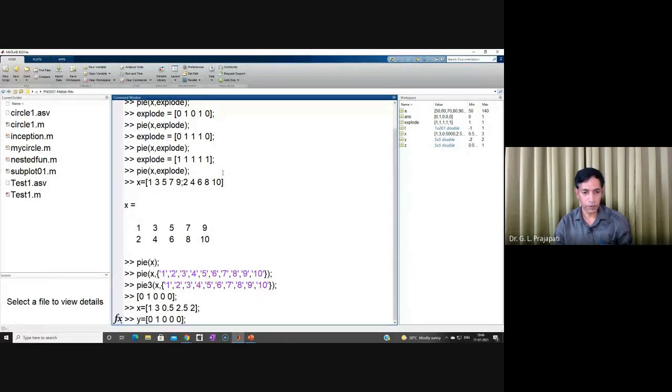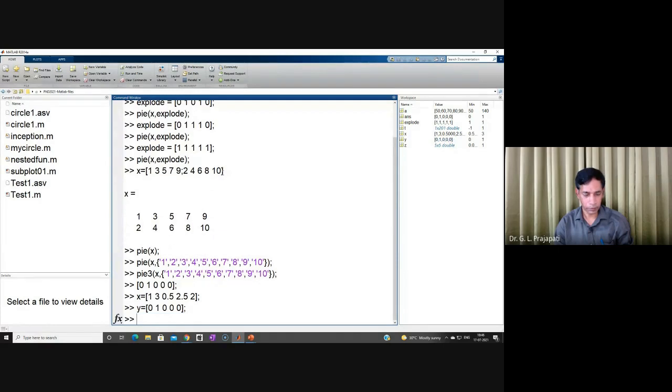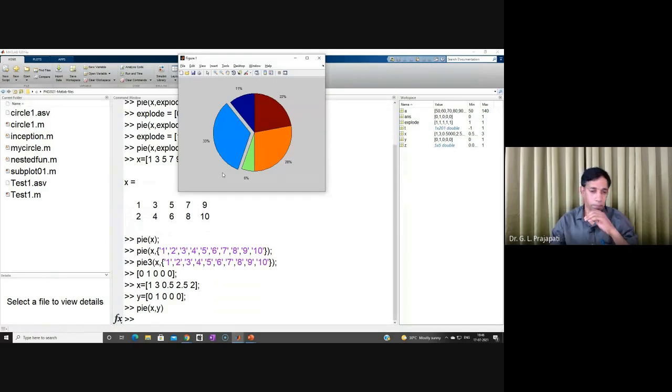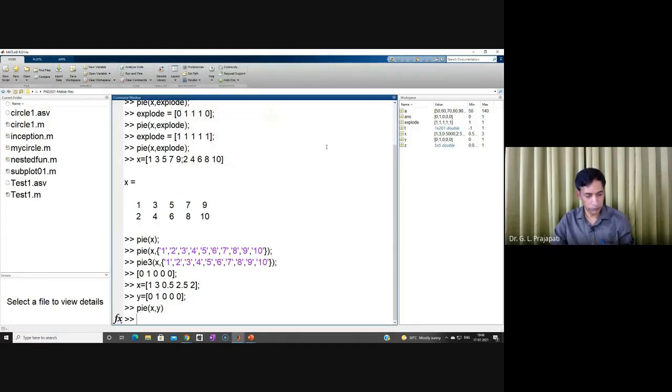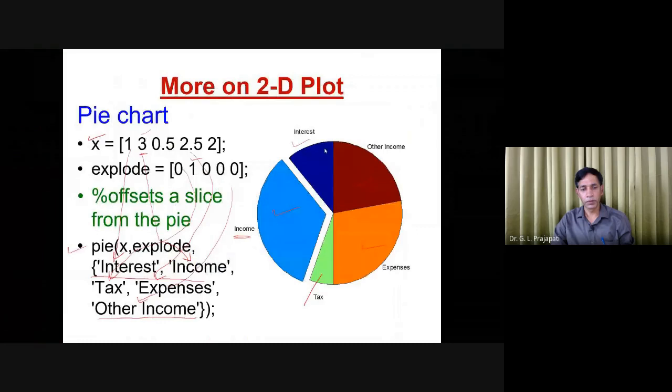Now you can say pie of x comma y. This is just a variable actually. These are called explode, that's why the name is written as explode. Okay, thank you, sir. So this is the two-dimensional pie chart.